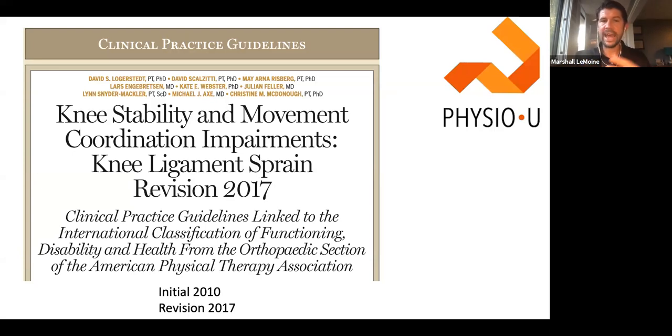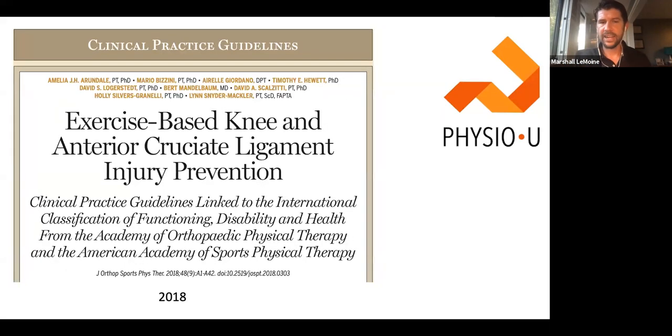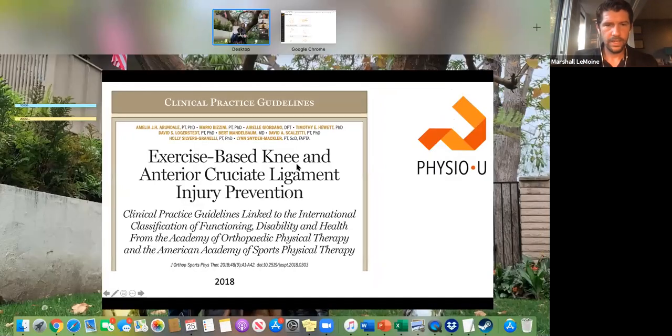They don't actually have a guideline for post-op reconstruction. The other guideline, from 2018, is exercise-based for prevention. So this is pre-tear of your ACL: how do we help people not tear it in the first place? So they don't have a guideline for ACL reconstruction protocol. I'll throw that out there.